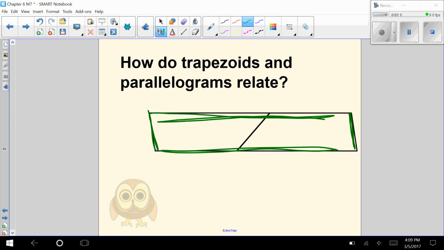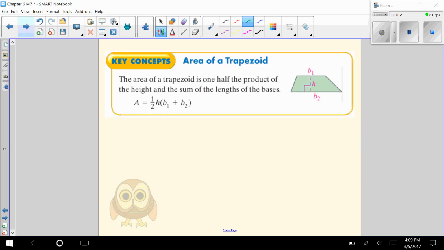You'll notice that it's a double though, so we're going to have to cut something in half because it's way too big. And our base is now double, the combination of the 2 original bases, the top and the bottom. So the area of a trapezoid is 1/2 times the height times the sum of the bases. So 1/2 times h times (b1 plus b2).